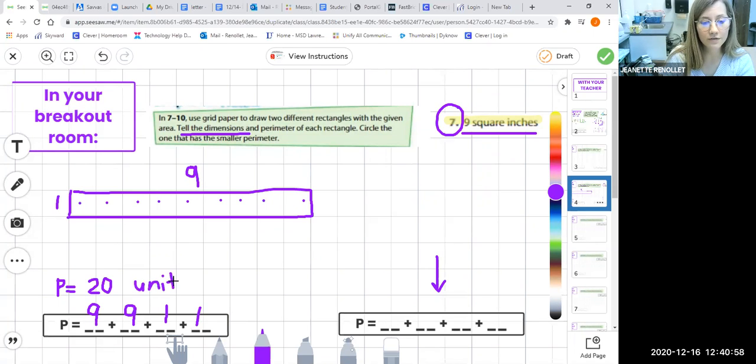I also saw friends who thought of other factors to equal 9 as a product. Instead of 1 times 9, I saw friends who thought of 3 times 3 equals 9. That means they would have drawn something like this: 3 rows and 3 columns.